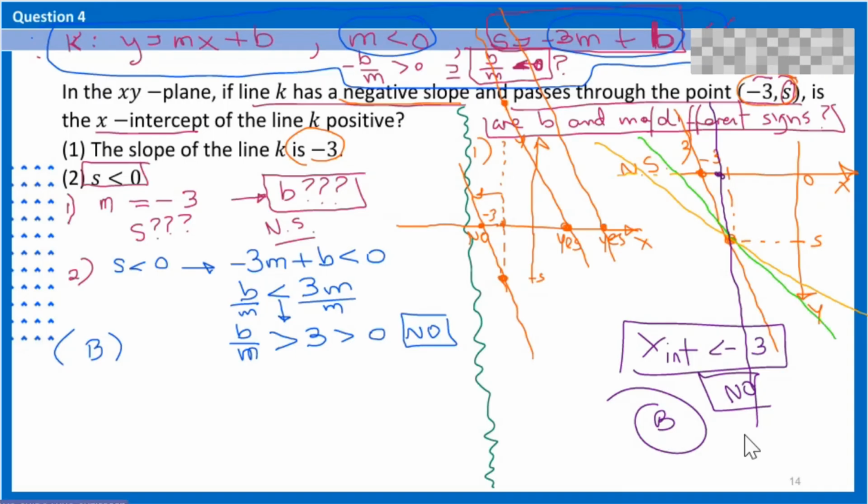Which way do you like most? Which way do you like better? Just purely algebraic or more geometrically oriented?